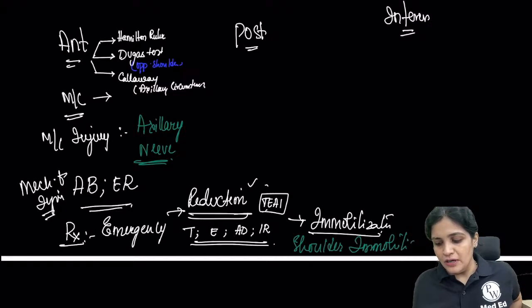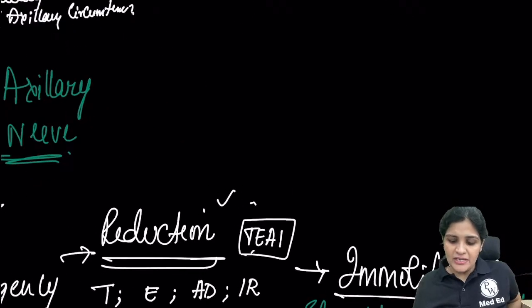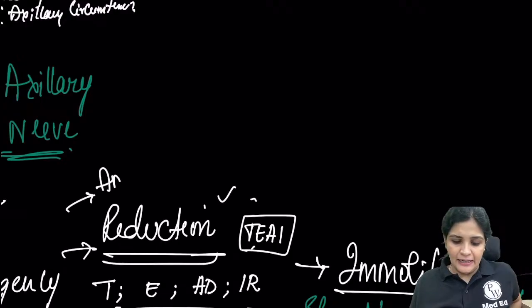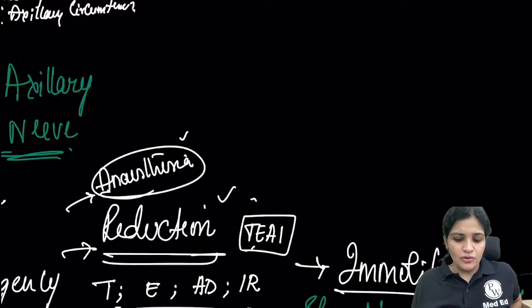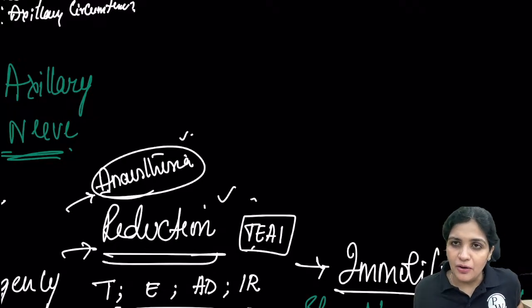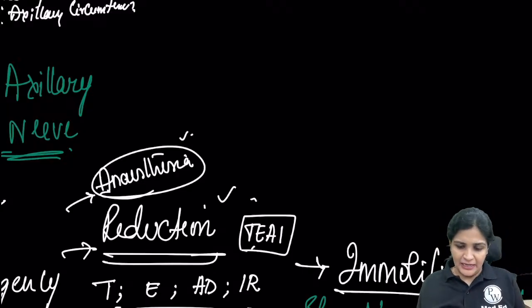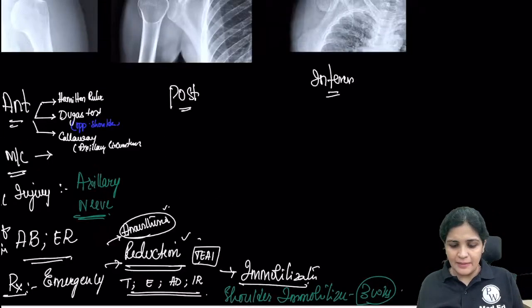You put the shoulder immobilizer for at least 3 weeks. And nowadays, the protocol is that this reduction is usually done under anesthesia, so as not to injure the rotator cuff. Yes, the Hippocratic method has become obsolete, Kalai, very good. So this is about anterior shoulder dislocation.